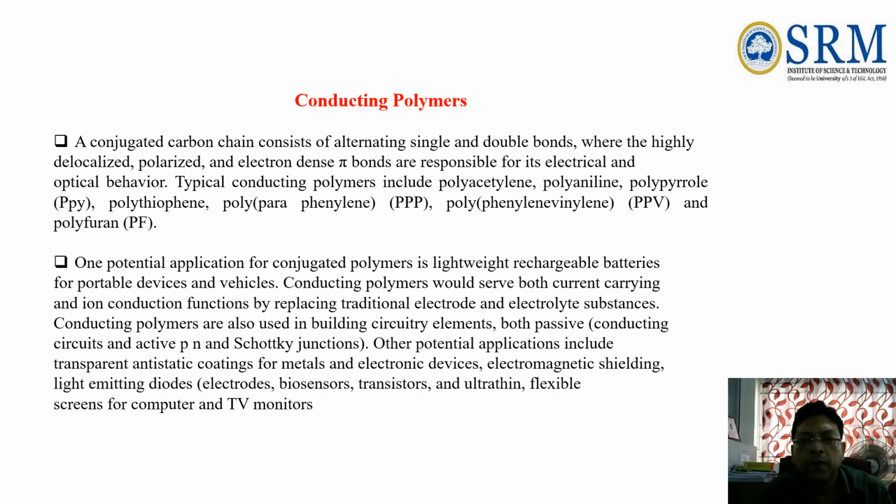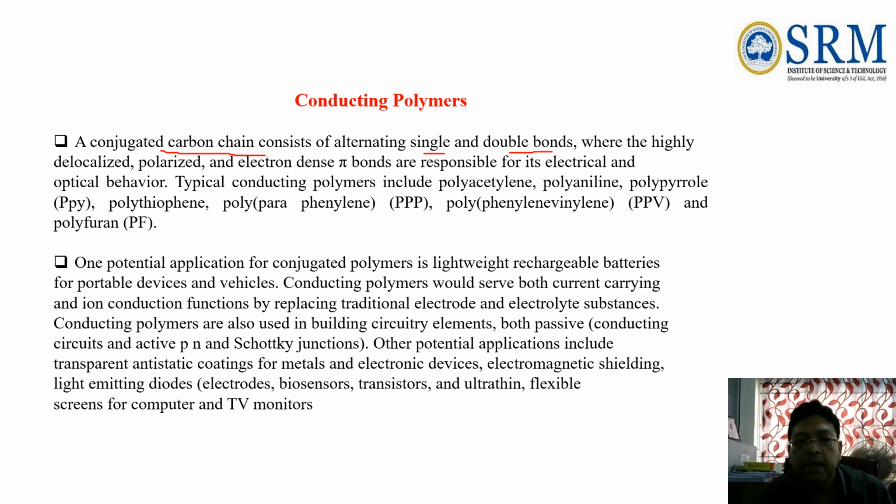So if we want to see why a conducting polymer is structurally different from other types of polymer, we'll see that a conducting polymer comprises a conjugated carbon chain consisting of alternating single and double bonds, where the highly delocalized, polarized and electron dense pi bonds are responsible.